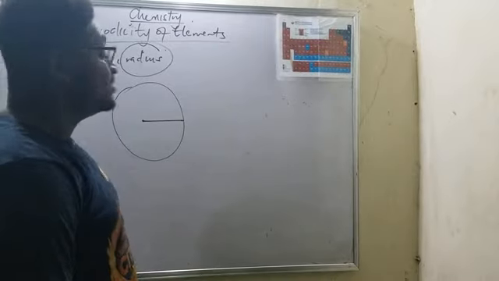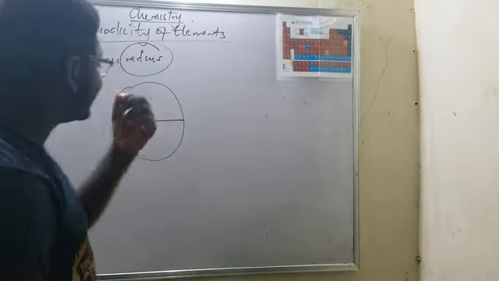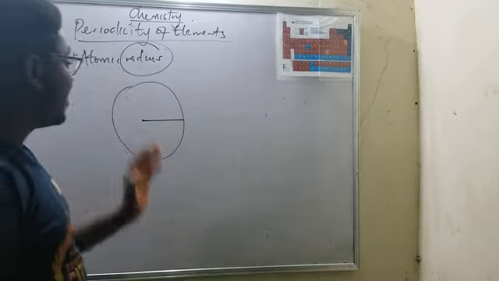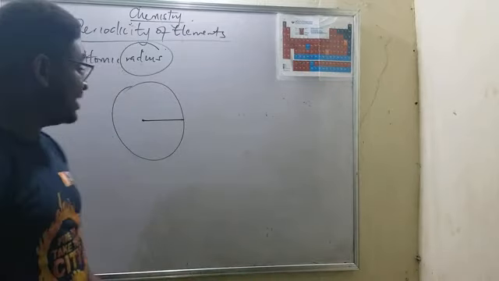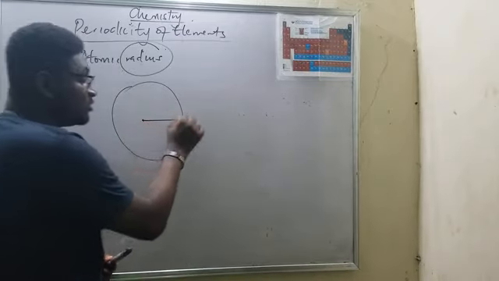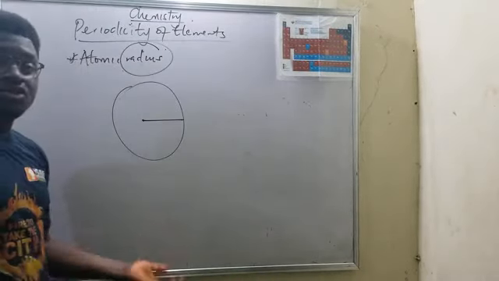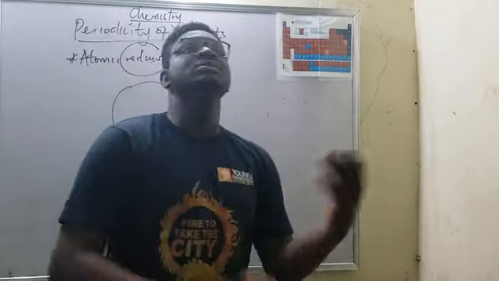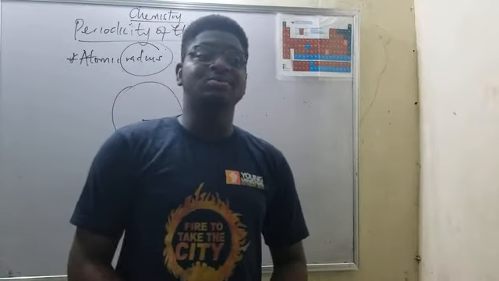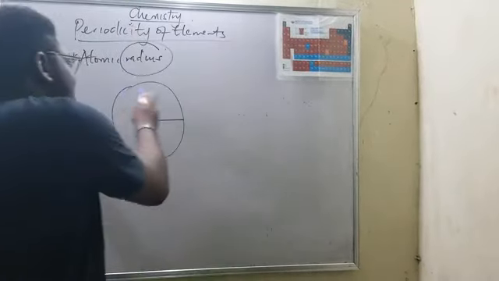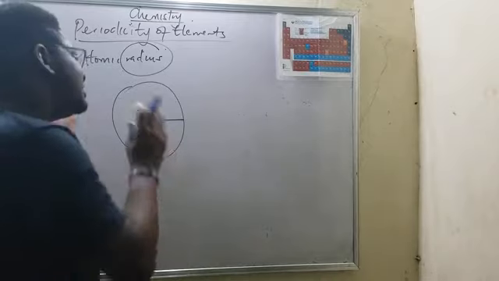Like I was saying, from our mathematics, radius is the distance from the center of the circle to the circumference of the circle. If we're talking about an atom, you know from the different structures of an atom that an atom is something of this sort, although not definitely.